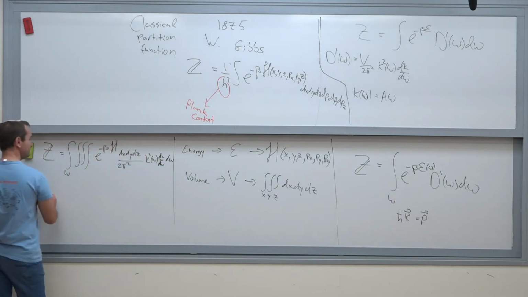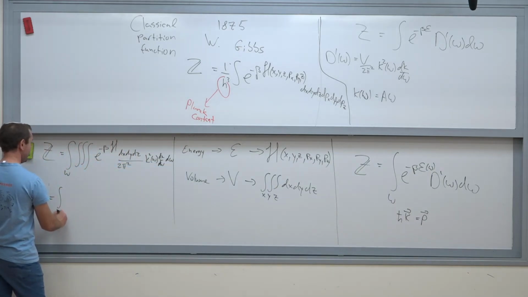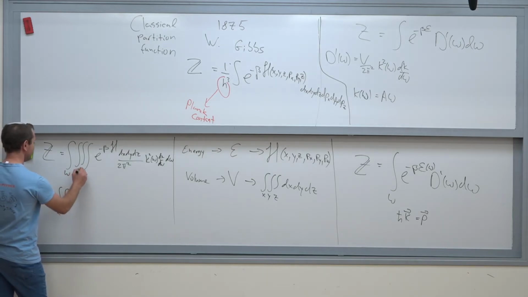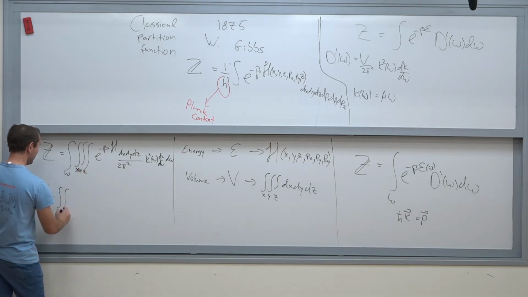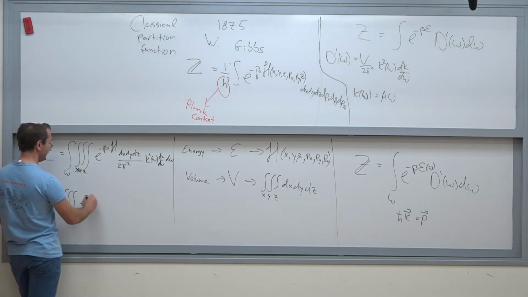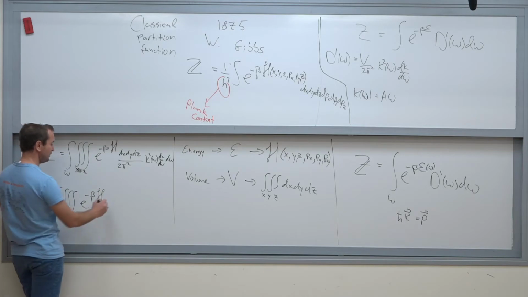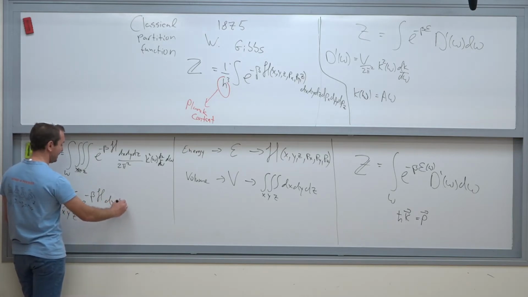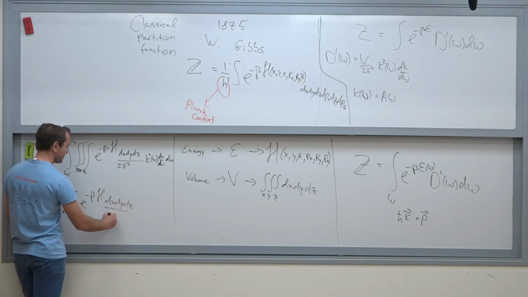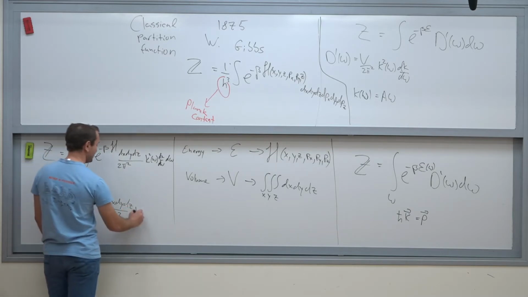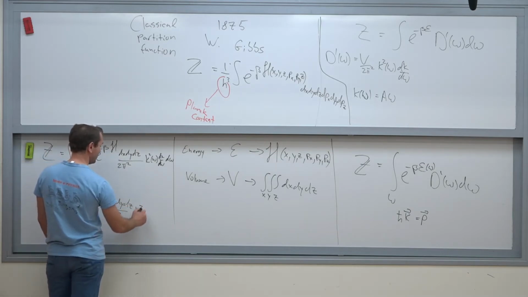We can rewrite this as an integral over k, an integral of x, y, and z. So the integral over k, the integral over x, y, z, of e to the minus beta Hamiltonian, dx, dy, dz, over 2 pi squared, k squared, and dk.